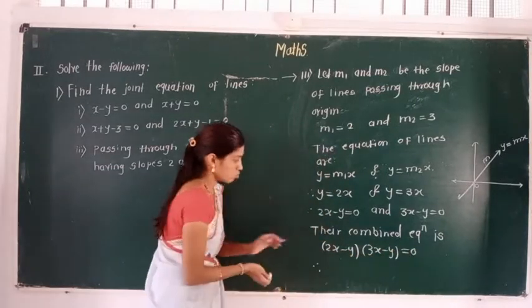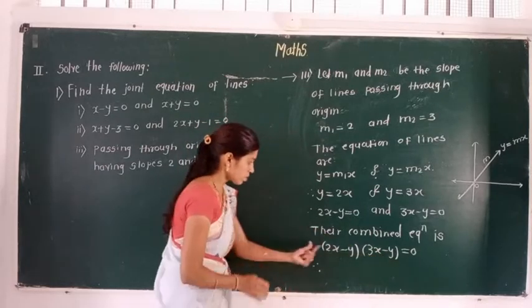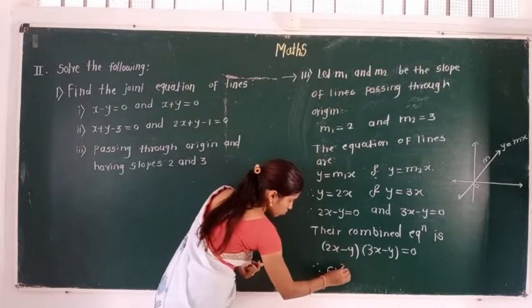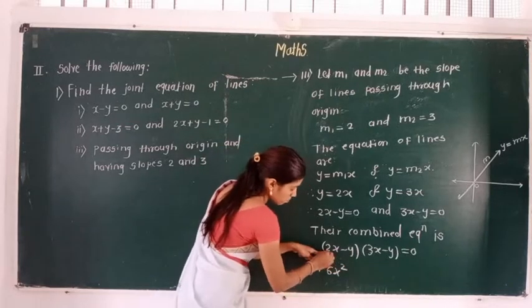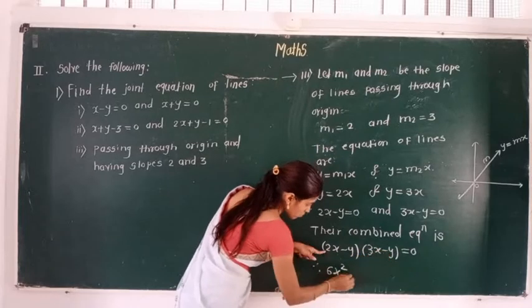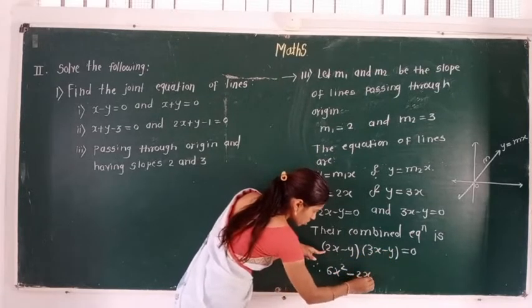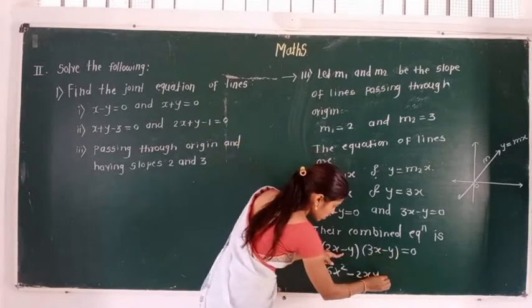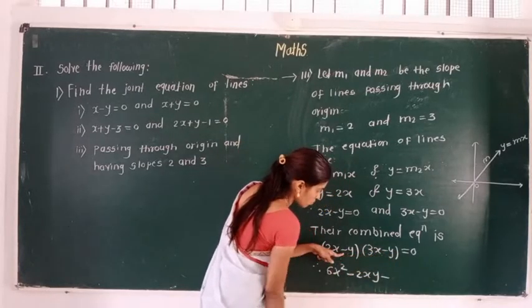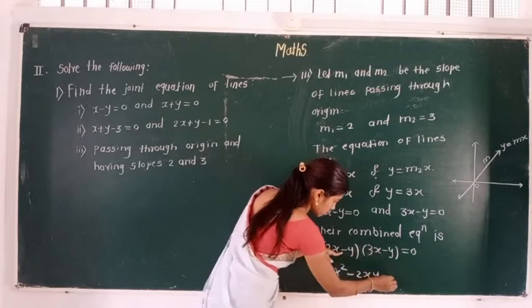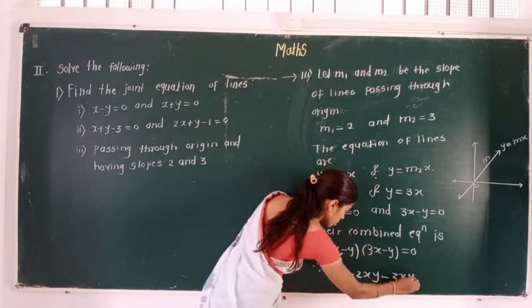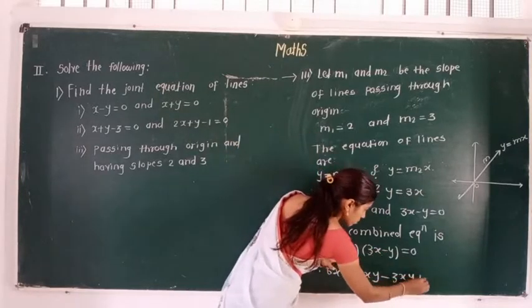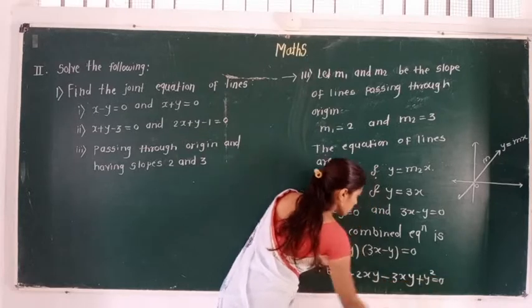Multiplying the first bracket, 2x into 3x, 2 threes are 6x square, minus 2x into y, we get minus 2xy. Second term, minus y into 3x, minus 3xy, minus y into minus y, we get plus y square is equal to 0.